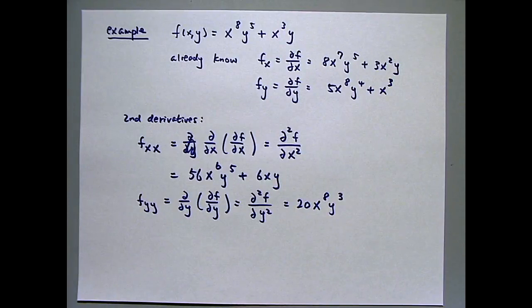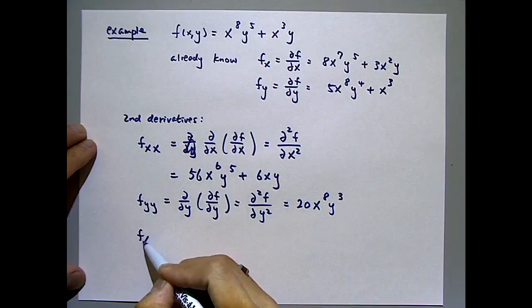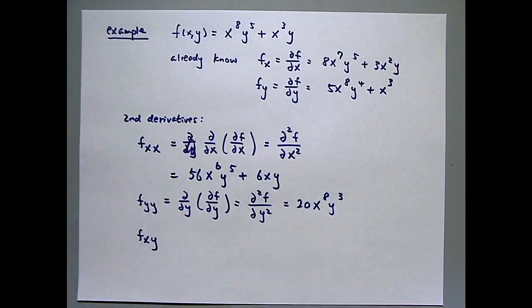Okay? There are two more partial derivatives. fxy means you take fx, now you differentiate with respect to y. So in the second step here, you treat y as the variable and x is a constant.